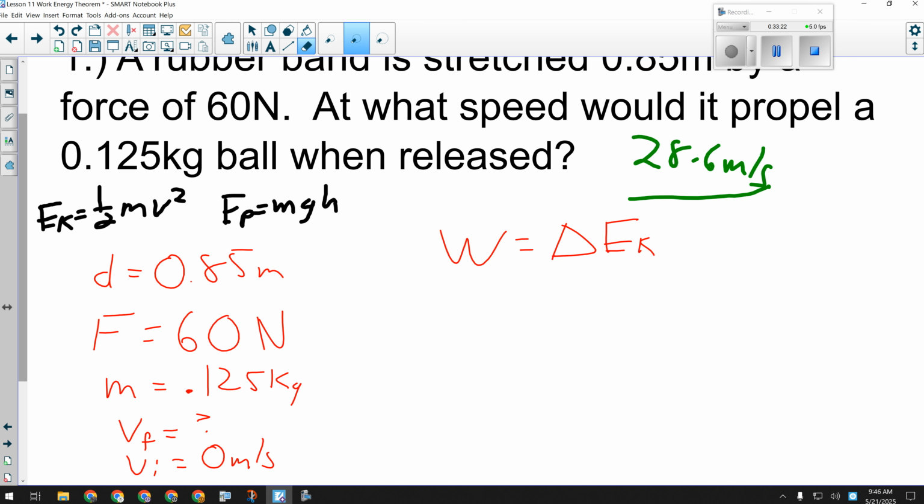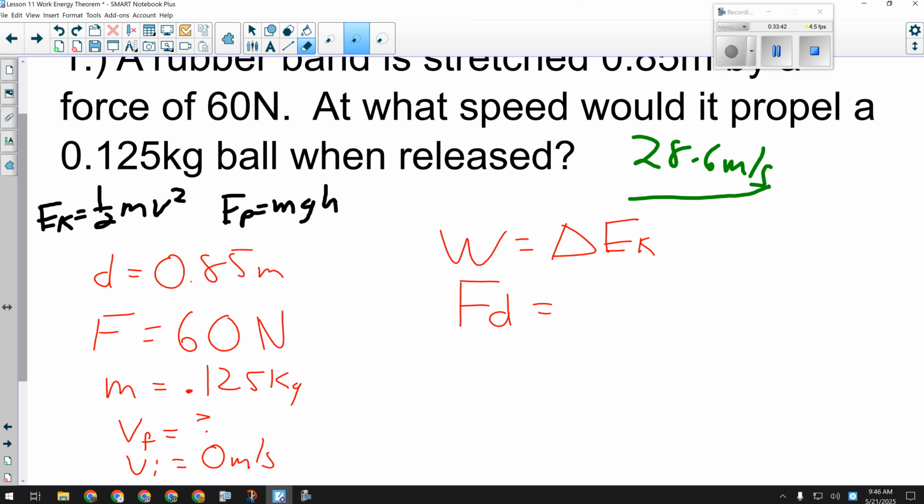Now, from here, we start the pattern that works for all work energy theorem questions. Okay? What's the formula for work? What two things do I multiply together? Force and distance. Okay.